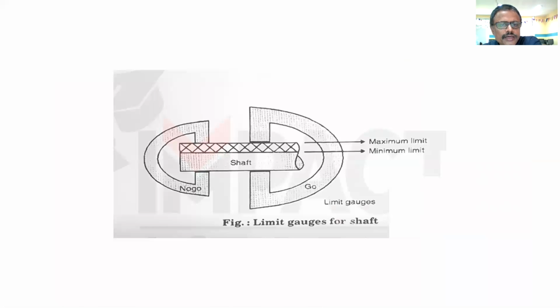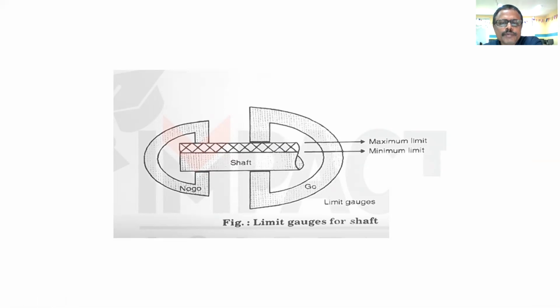Now we will see the limit gauges for the shaft. These are called ring gauges. You can see here, this is the shaft, and this is the maximum limit size for the shaft, and this is the minimum limit size of the shaft.